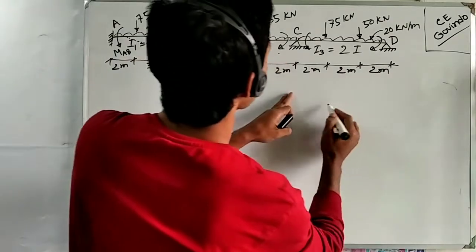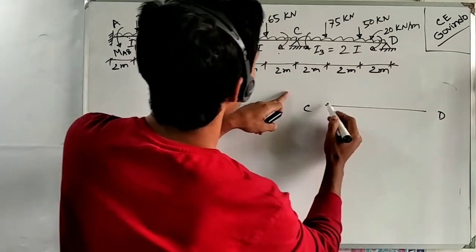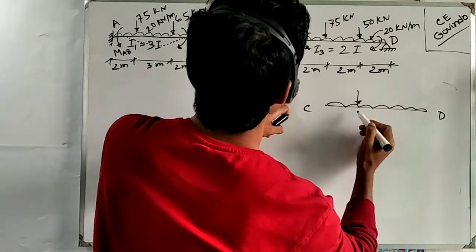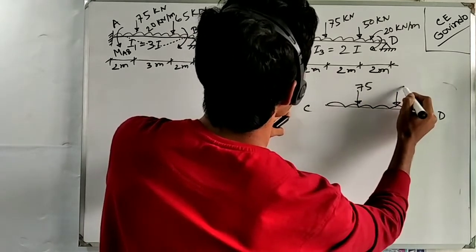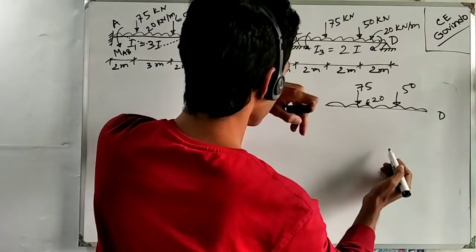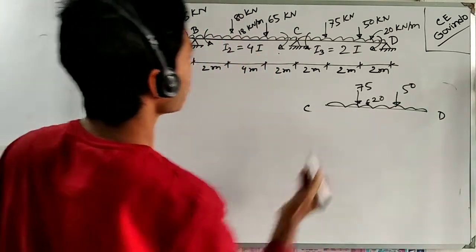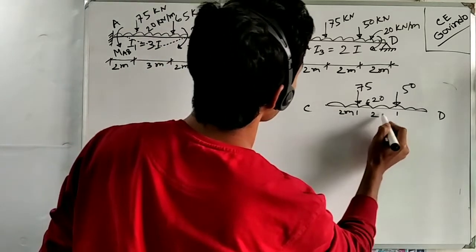For example, if we consider this CD portion, then we have this type of load: a uniformly distributed load, a point load, and again a point load, 75, 50, and this load is 20 kilonewton per meter. These values are kilonewtons and these values are kilonewtons per meter, and we have the distances 2 meters, 2 meters, 2 meters.